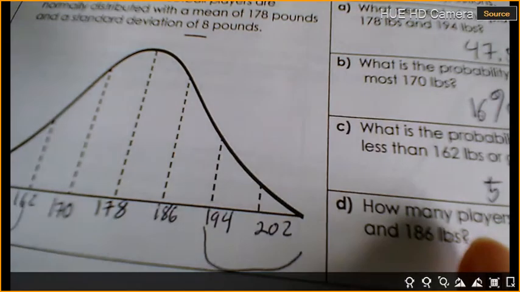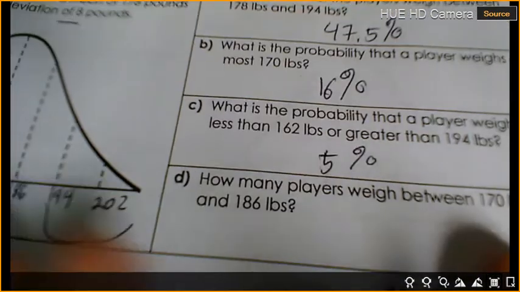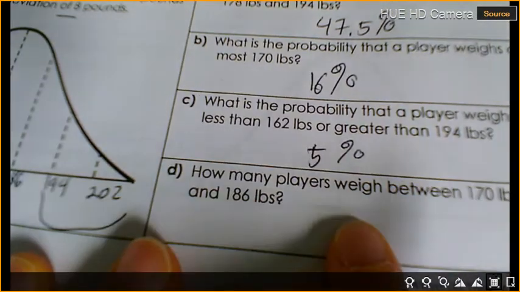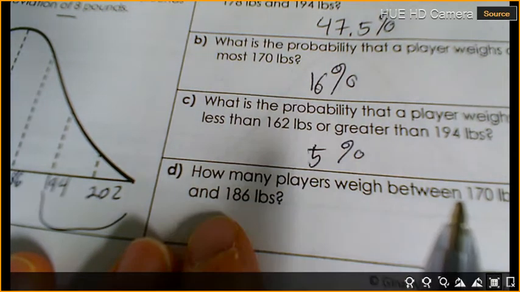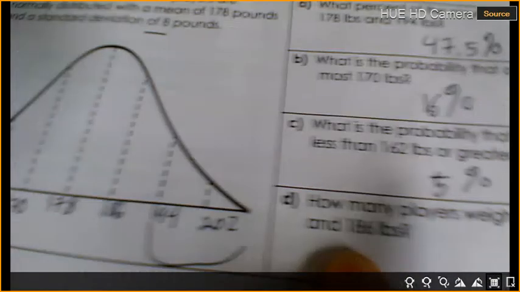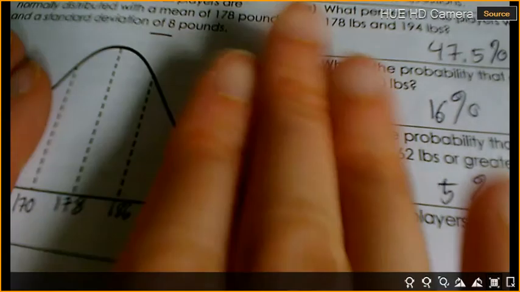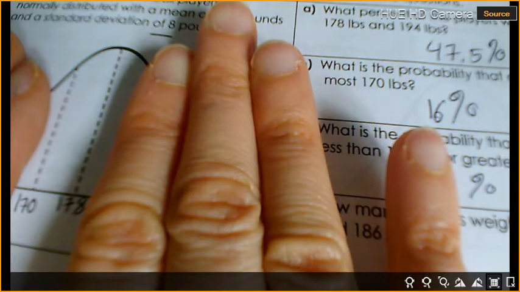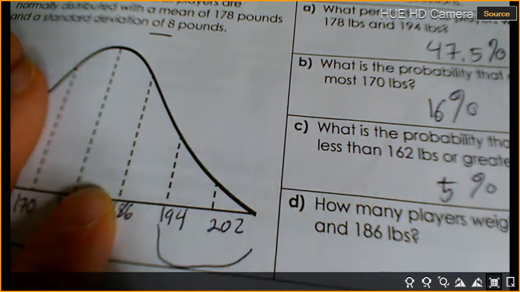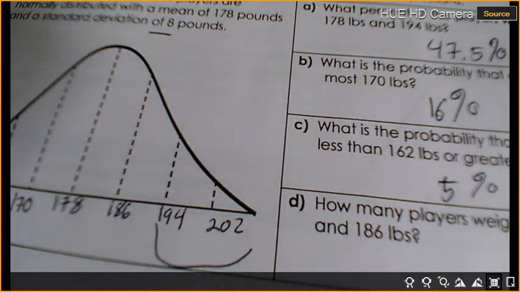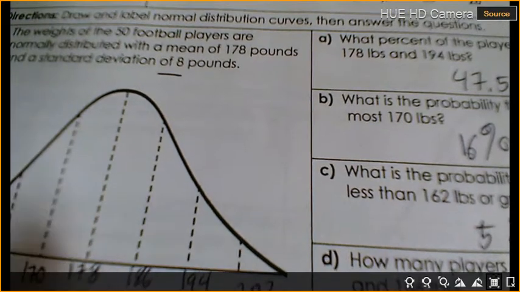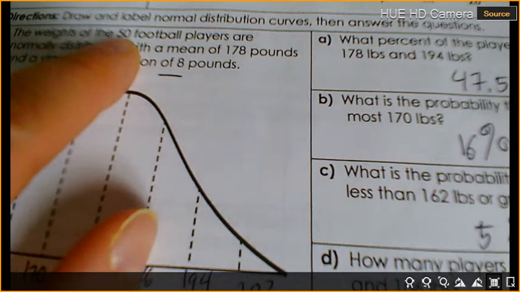Now this does not ask for a percentage. It says how many players weigh between 170 and 186? So what is the percentage between 170 and 186? 34 and 34, which is 68. But it wants to know the number. How many football players did we look at? 50.